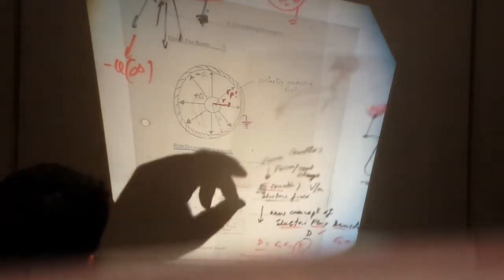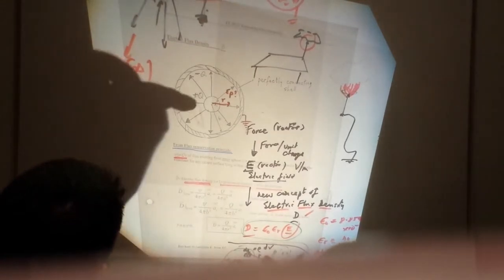Okay, now if I find out what is D, as I told you, D and E are related. So if D is Q over 4 pi R squared, then E is the same as Q over 4 pi R squared divided by epsilon r, where epsilon r is the property of the medium inside this configuration.